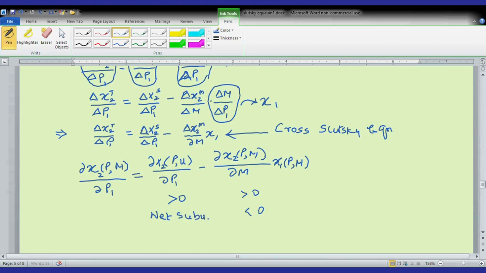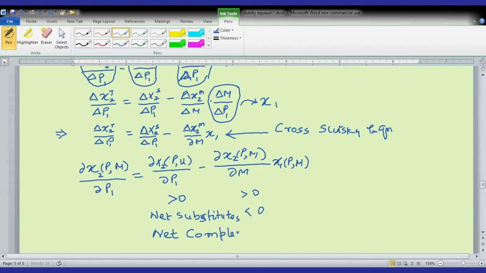If there are more than two goods, there is a possibility that some of the goods might be substitutes and some of the goods might be net complements. So as far as this first term on the right hand side is concerned, it could be positive or it could be negative, depending upon whether the substitution effect implies that the consumption of the other good will be increasing or decreasing.